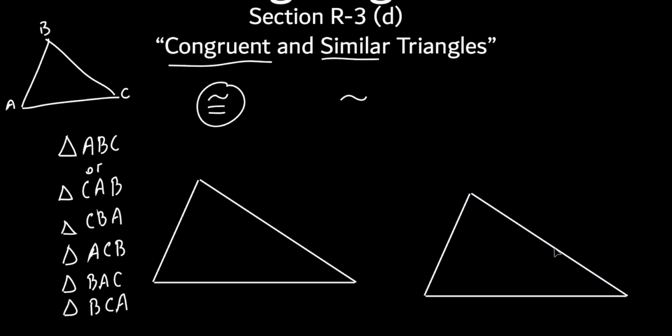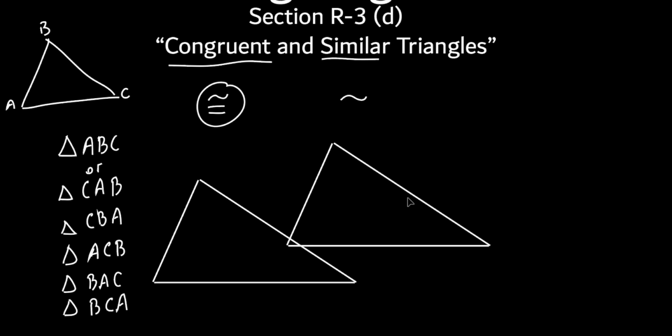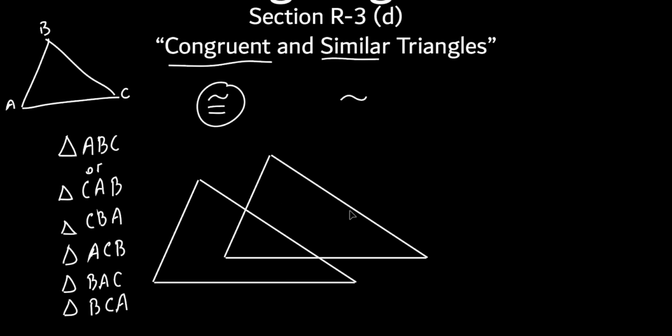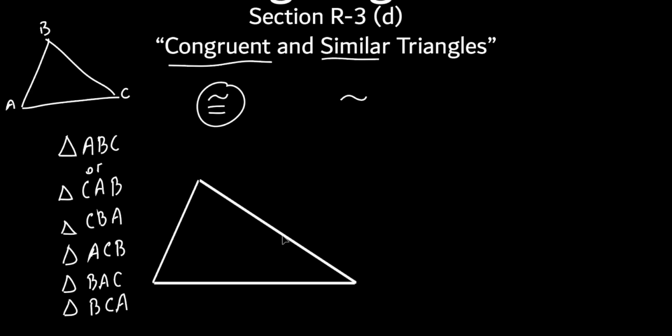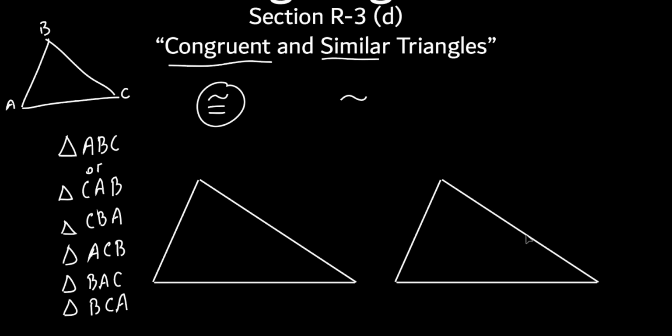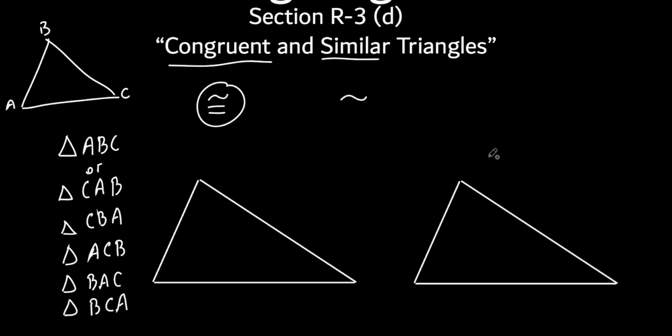Well, they're not equal. What's the word? They're congruent. Watch. I could take this triangle and put it right on top of the other, and it fits perfectly. If it fits perfectly, that means the triangles are congruent. So we'll use that ABC again, and we'll call this one DEF.